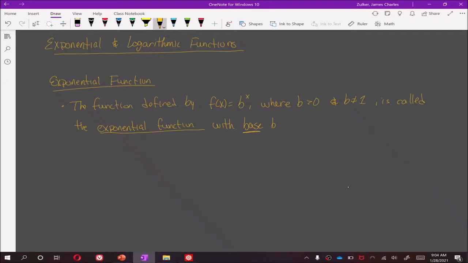The domain is the set of all real numbers.